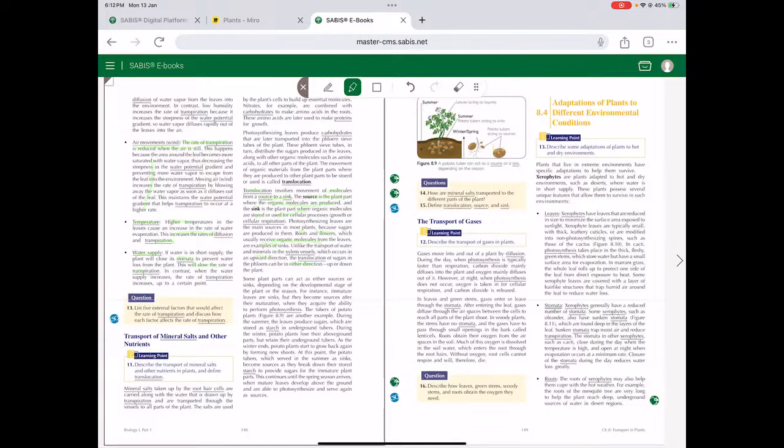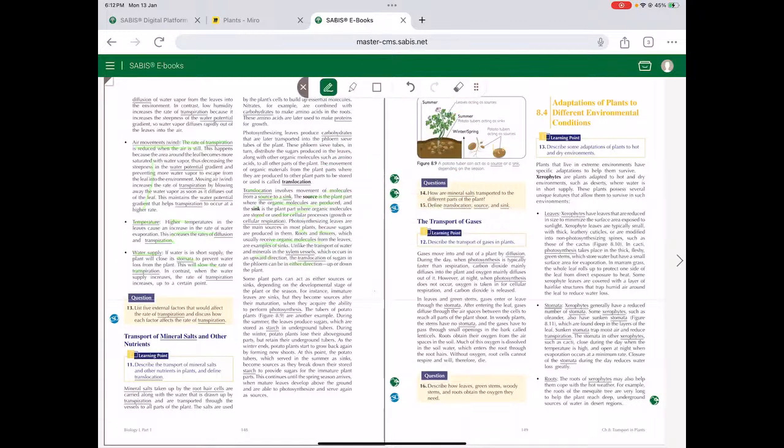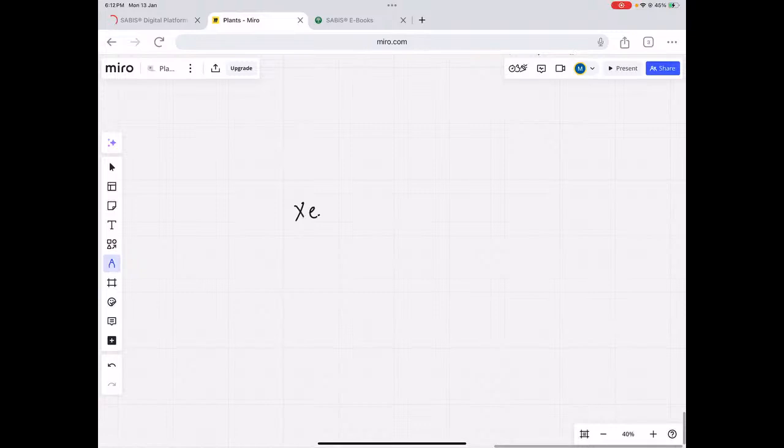And now the last concept, okay, is what we're gonna talk about. Two types of plants that have adapted over time to live in very harsh environments. These are the xerophytes, and we'll also see something called the hydrophytes. So xerophytes versus hydrophytes.